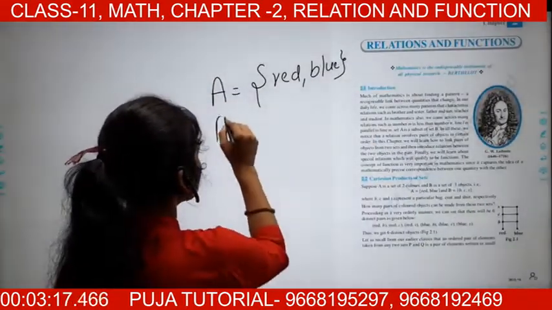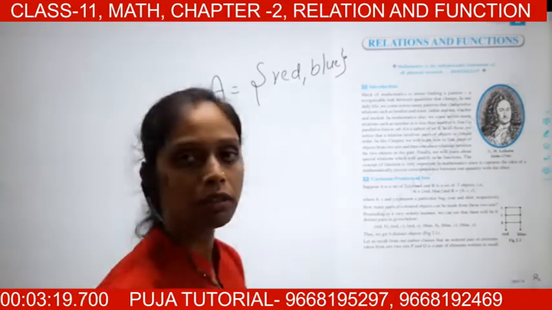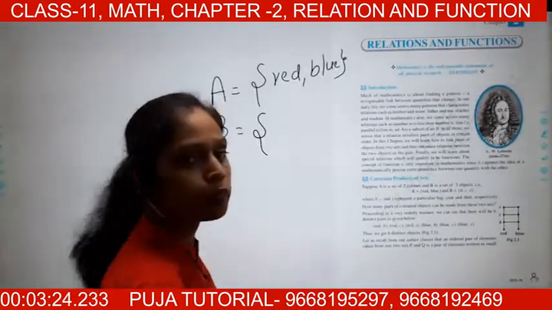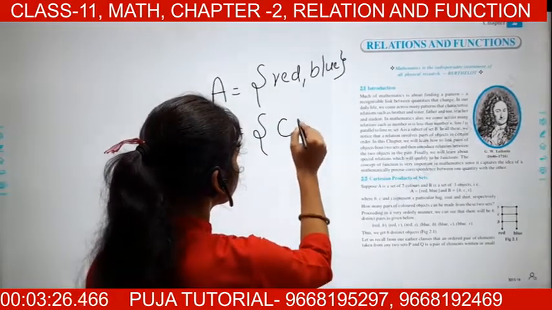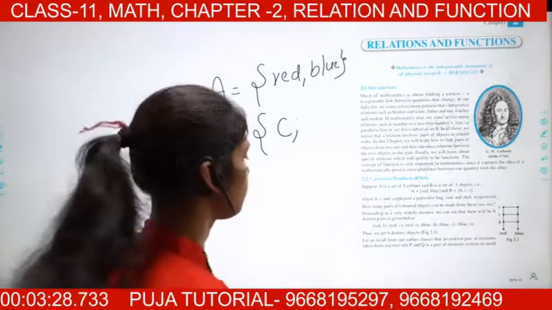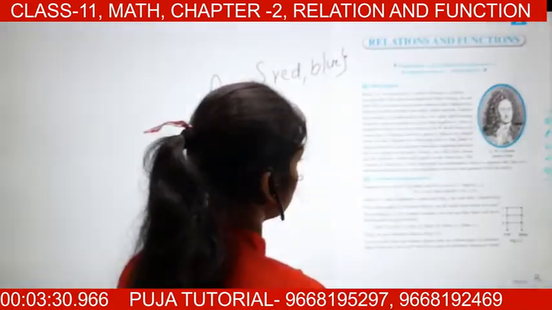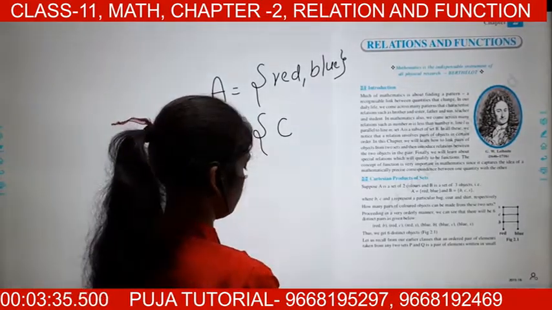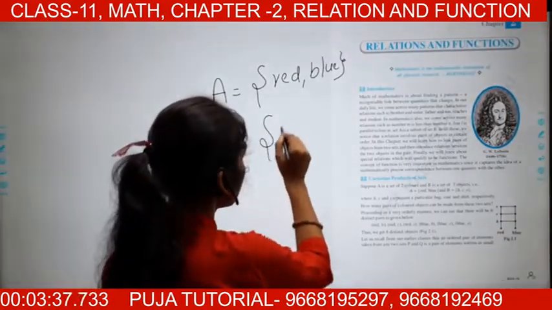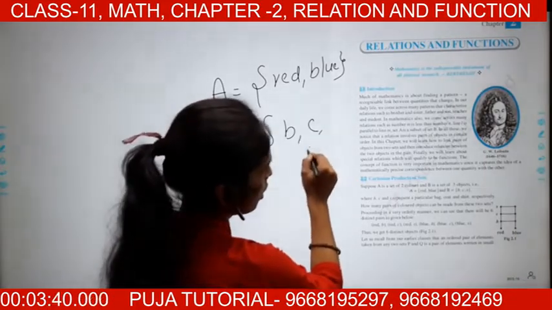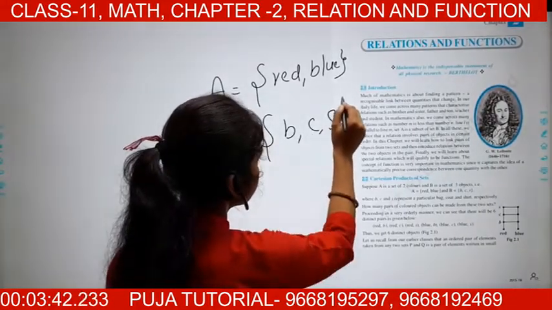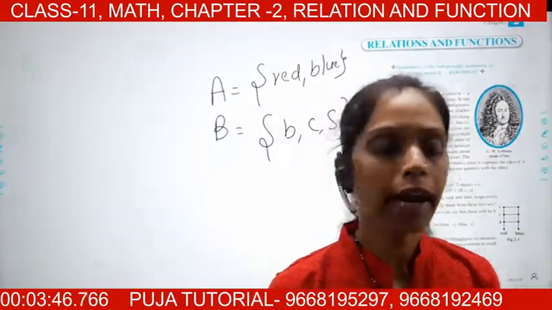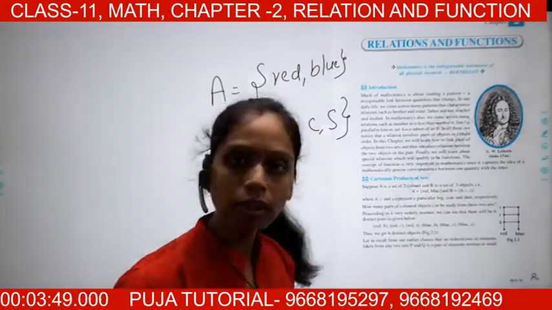Let us suppose our second set is B for bag, C for coat and S for shirt.